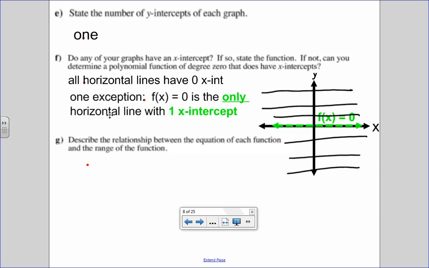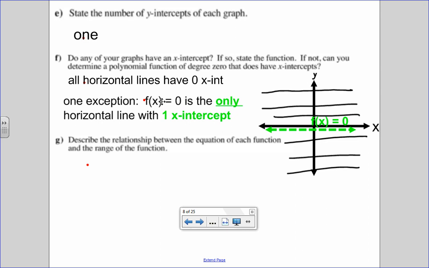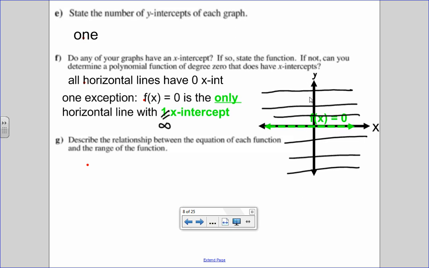That is the only example where I don't just have one x-intercept. Let's change that. It's actually not one x-intercept. It's an infinite number of x-intercepts. So that's the one exception there. Every other horizontal line does not have an x-intercept. The only one that does is f of x equals 0 or y equals 0. That has an infinite number of x-intercepts.